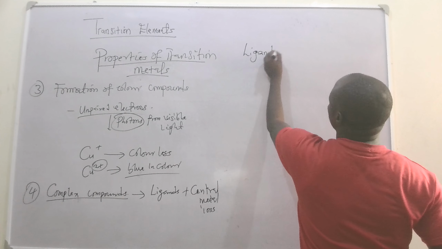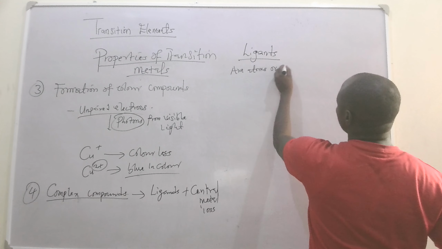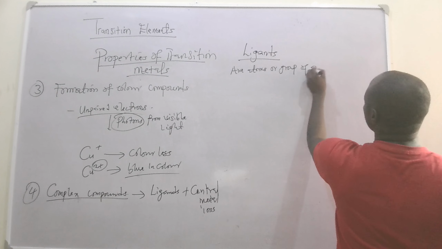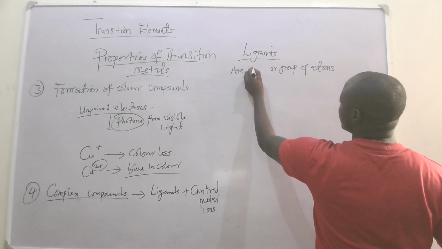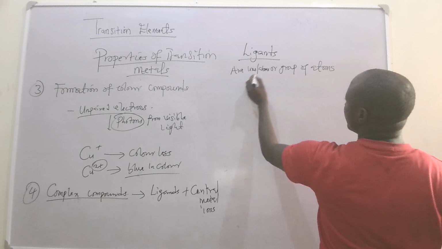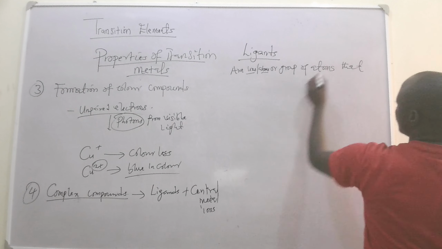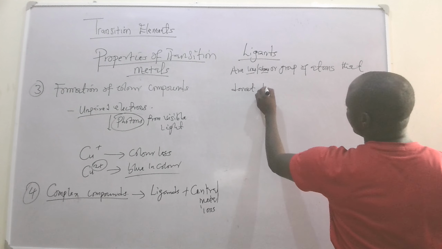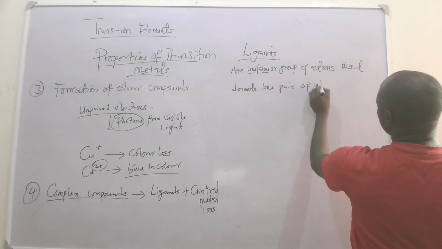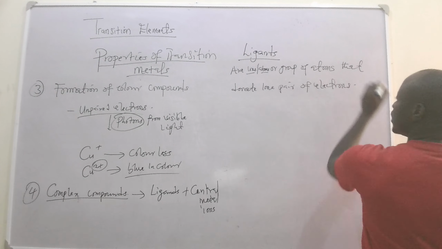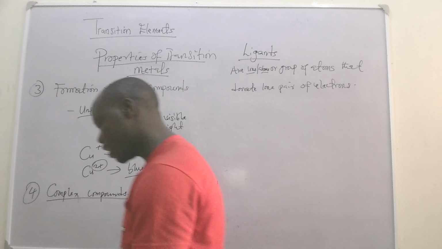Ligands can be ions, atoms, or groups of atoms that donate a lone pair of electrons. That is what we call ligands.